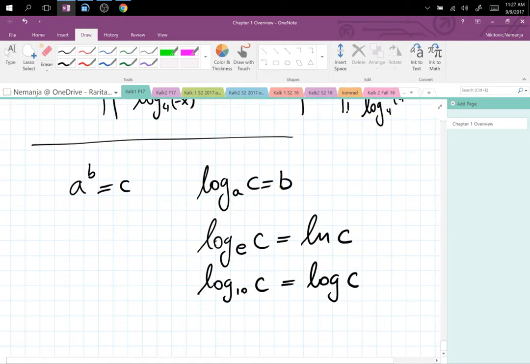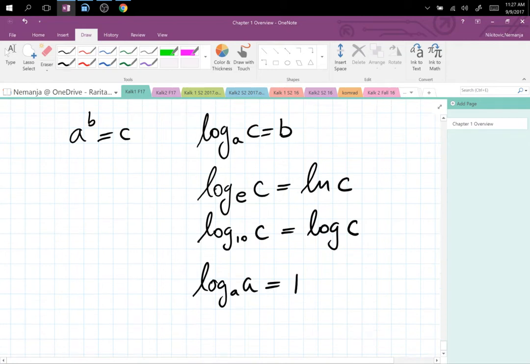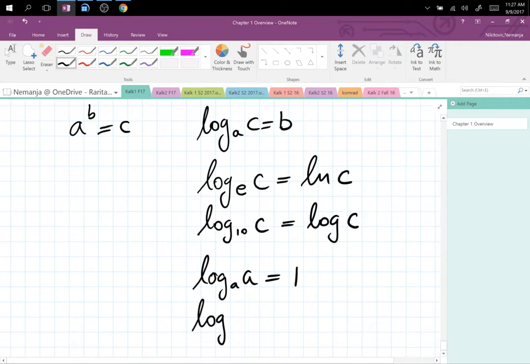And then you want to know that when the base matches the number, you get 1. Log of any base of 1 is 0. There we go. This is the crash course without going into details of what the logs are, do, and all of that stuff.